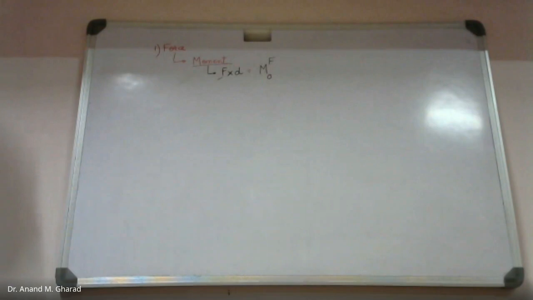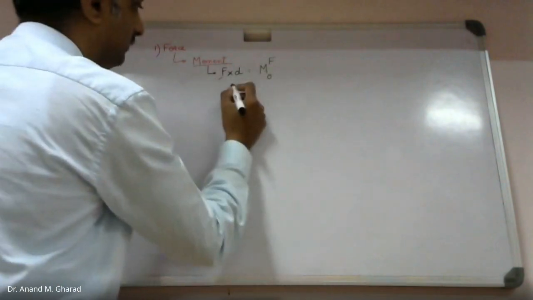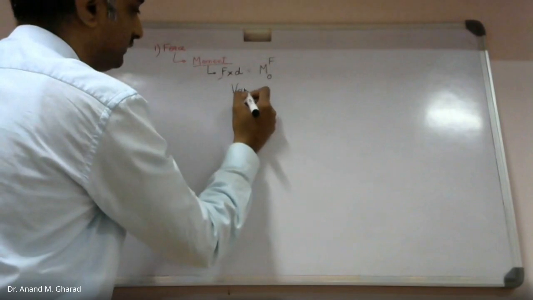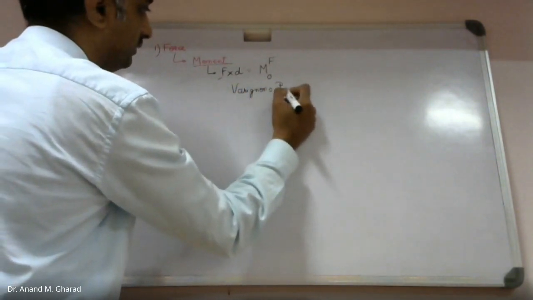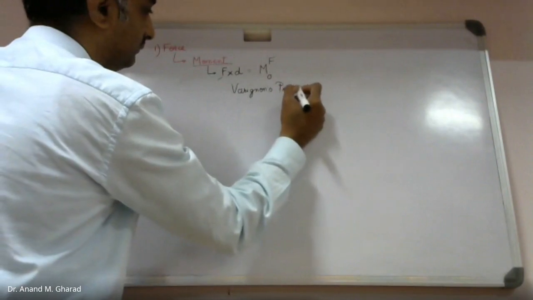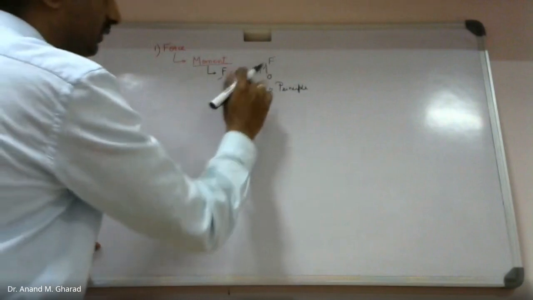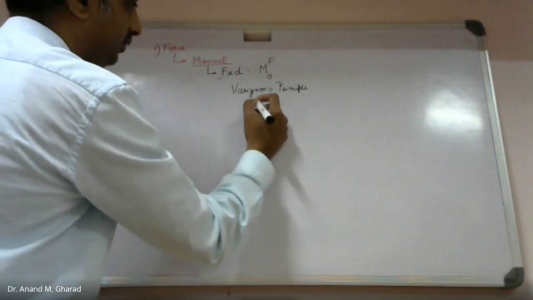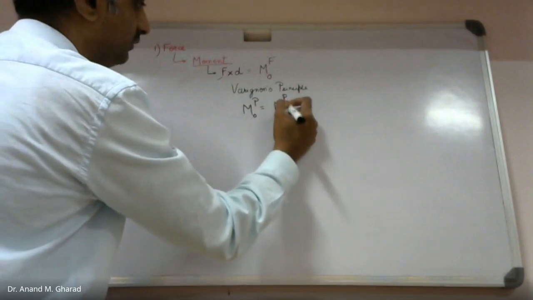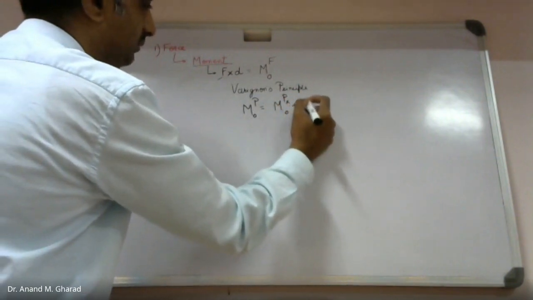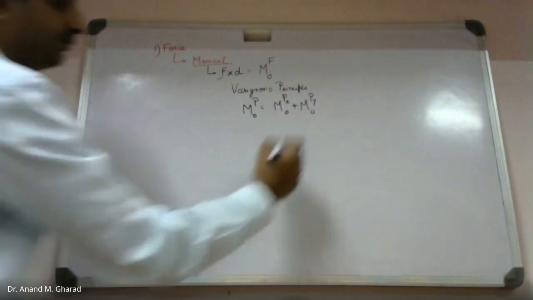Okay. So for moment we have one principle which is known as Varignon's principle, and it states that the moment about any point due to any force is equal to the sum of the moments of the components of that force about the same point.